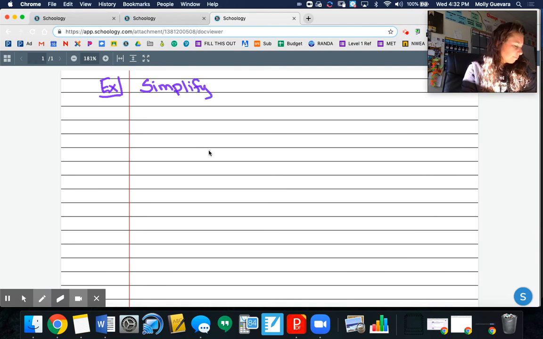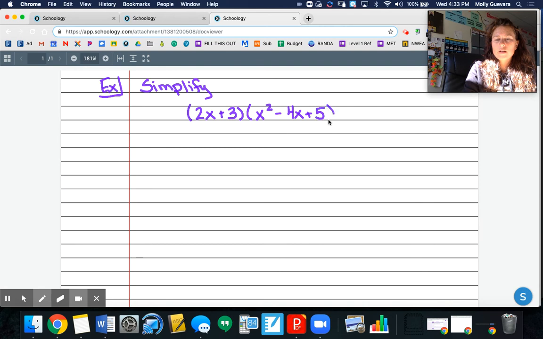I have 2x plus 3 times x squared minus 4x plus 5. Probably should have given myself a little bit more room, but that's okay.